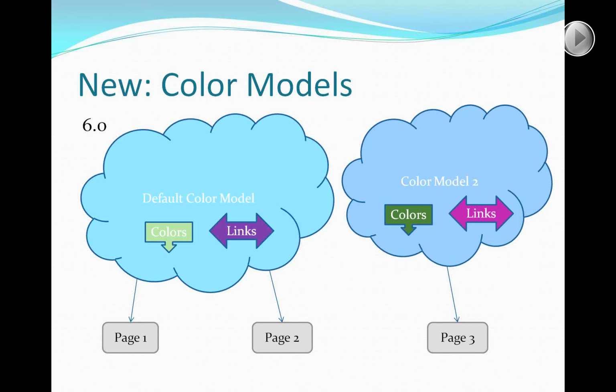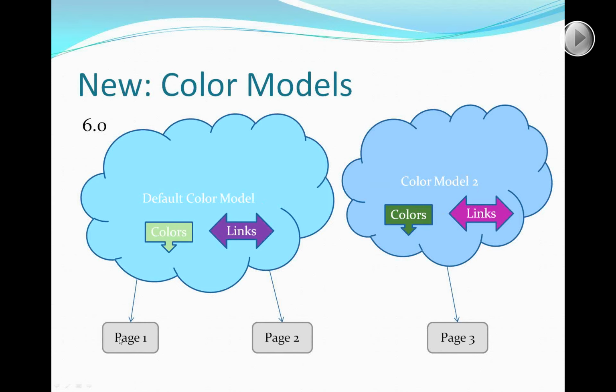So in 6.0, this is what it looks like. Here we have a couple color models. We have the default that all projects have, and then we have another, color model 2. The default color model has certain color assignments that are different than the color assignments in color model 2. And similarly, there are color links over here that are different from the color links over here.